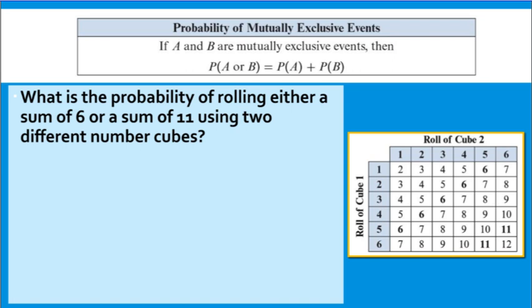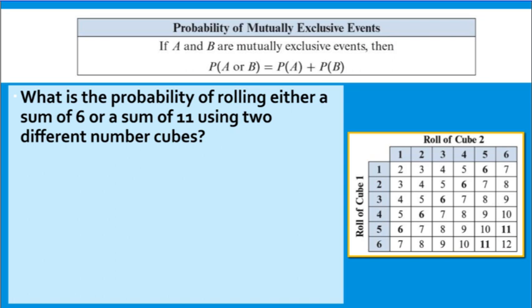On the right hand side, I have a chart that shows the two number cubes, one on the side and one on top, and then the sum of the rolls. The blue boxes on the outside are the number cubes. The white boxes with the numbers in there are the sums. So the sum of 6.